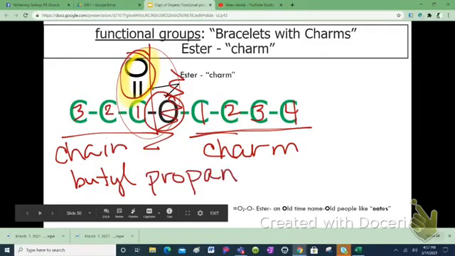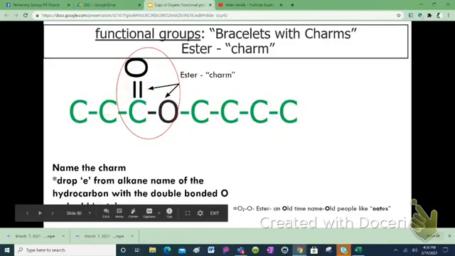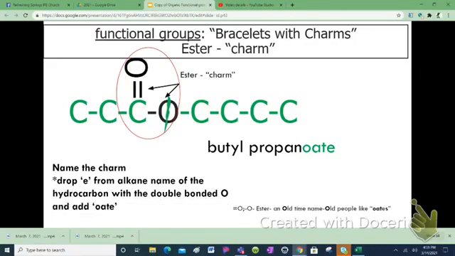Propanoate, that's that ending. All right, so let's check and see if we got it right. Butyl propanoate.